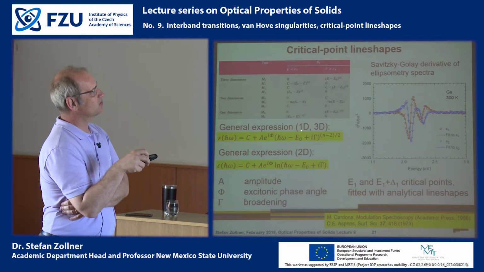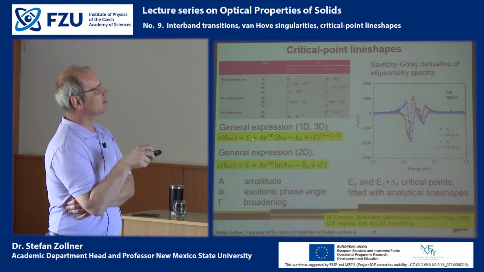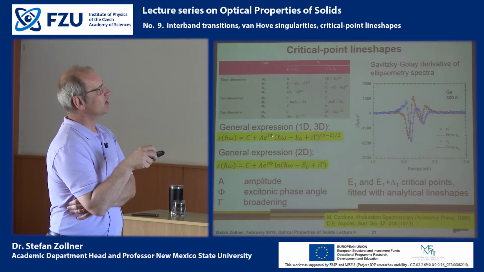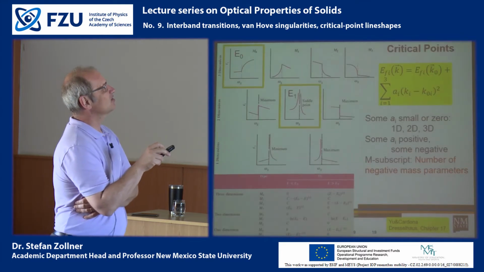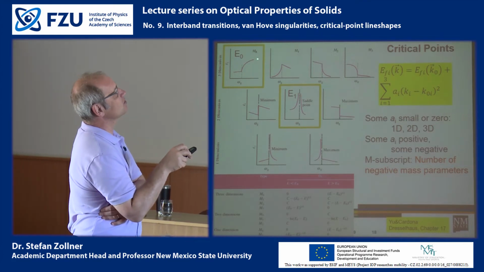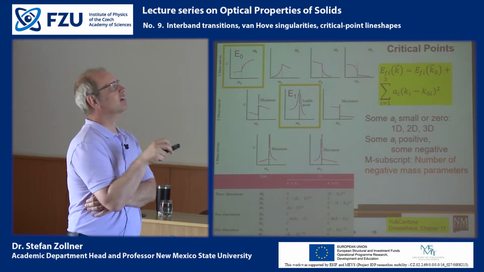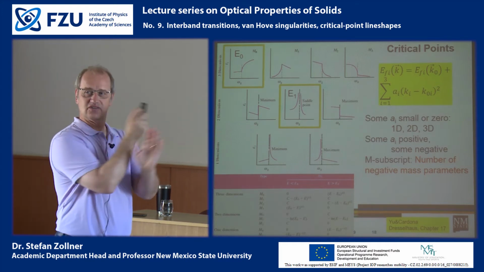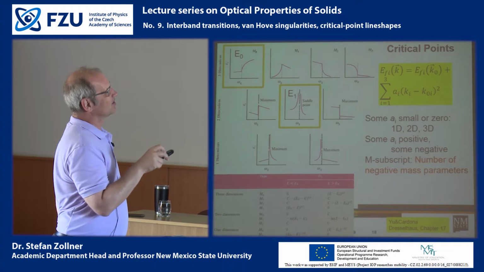The critical point parameters are the energy of the critical point, the broadening, the amplitude, and then this excitonic phase angle. And what does that phase angle do? You see, the M0 critical point and the M3 critical point are sort of the same, except that they're switched around the energy gap.